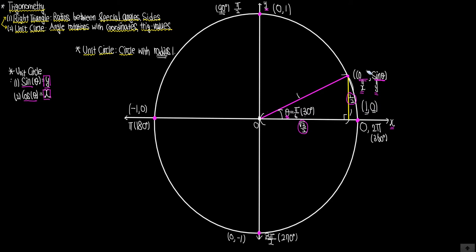That means cosine of pi over 6 is the square root of 3 over 2 using our right triangle ratios, and the sine of pi over 6 is the y value, which is 1 over 2. This will happen when our central angle theta is equal to pi over 6, 30 degrees.